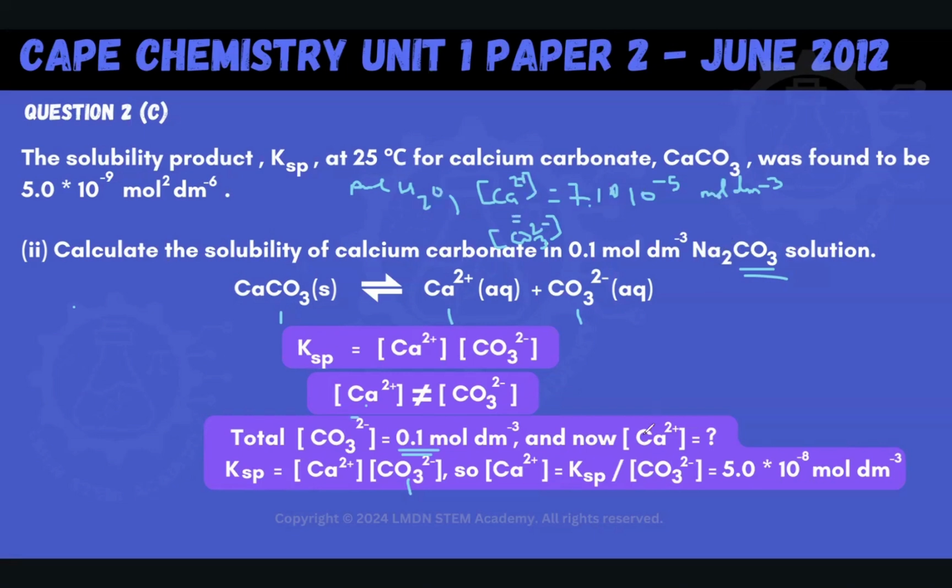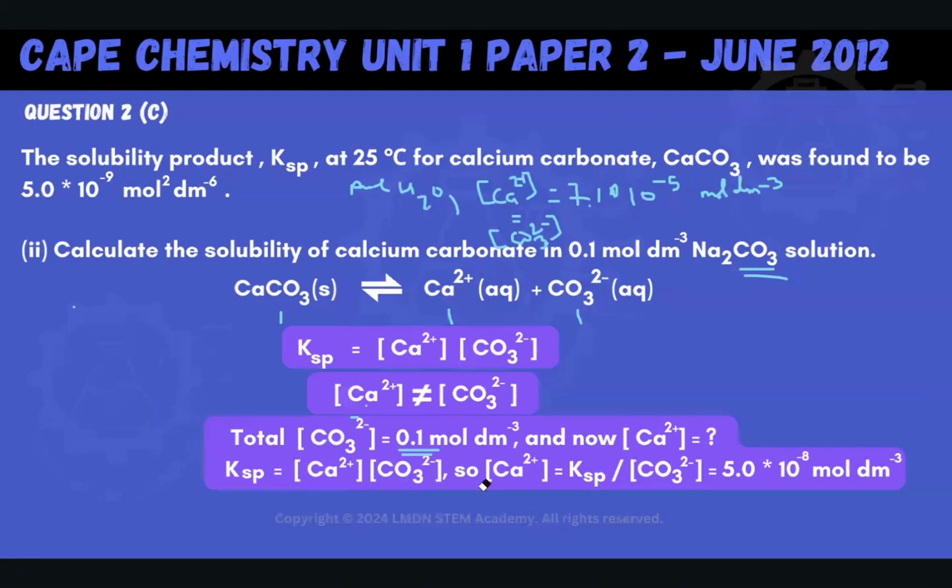And so what remains now is we have to find the new calcium ion concentration. To do that, we again go back to our KSP expression. KSP is equal to the concentration of my calcium ions times the concentration of my carbonate ions.